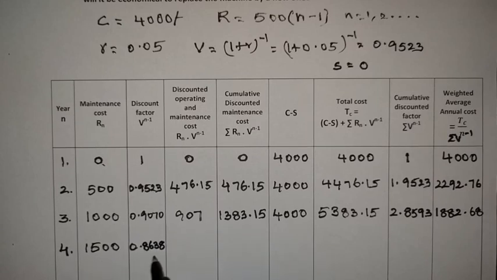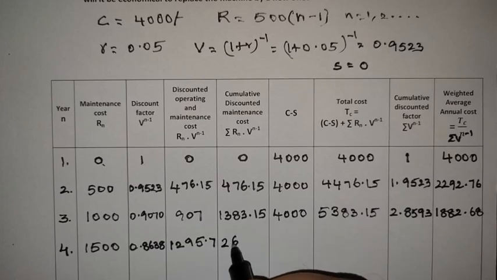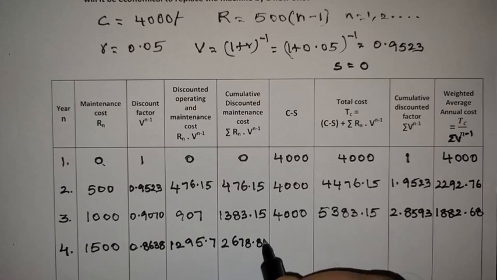Then 1,500 into 0.8638 is 1,295.7. Sigma value is 1,383.15 plus 1,295.7, which gives 2,678.85.